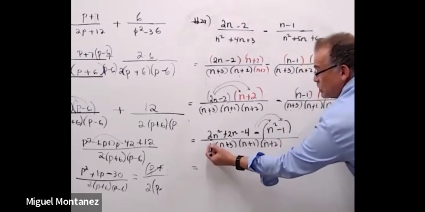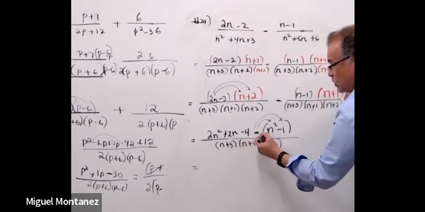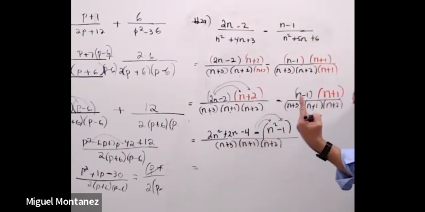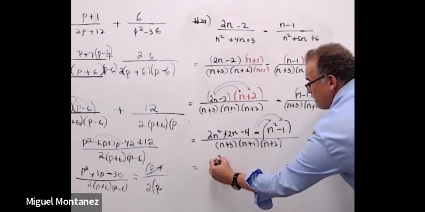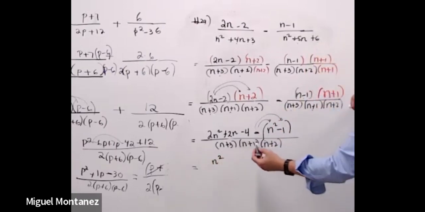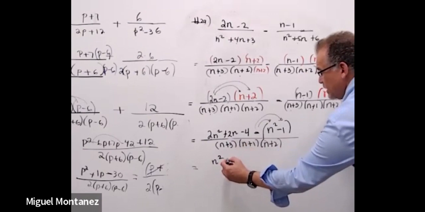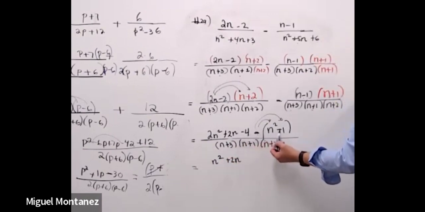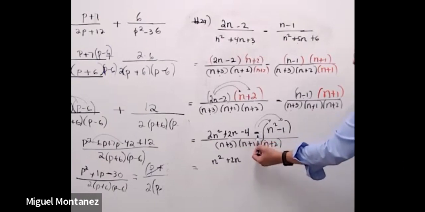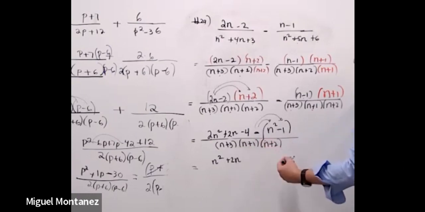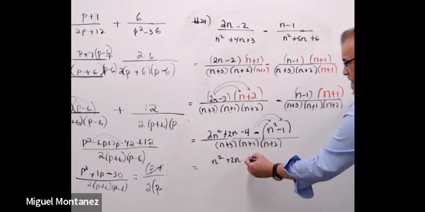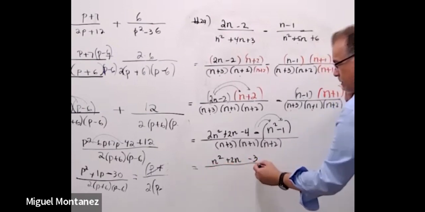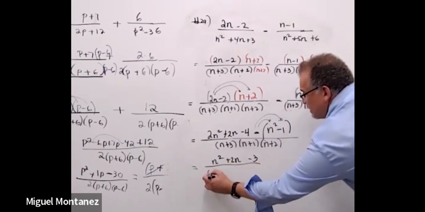So I have 2n squared minus n squared, which will be n squared. Then I have plus 2n. Now I have negative 4 plus 1, which will be negative 3. Okay, good. This one simplifies.